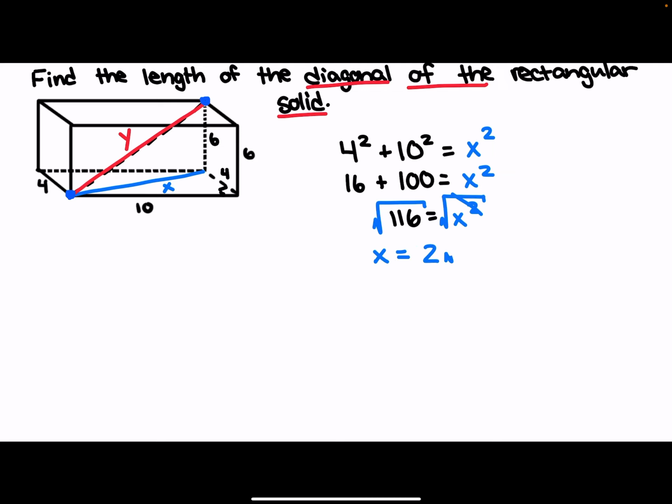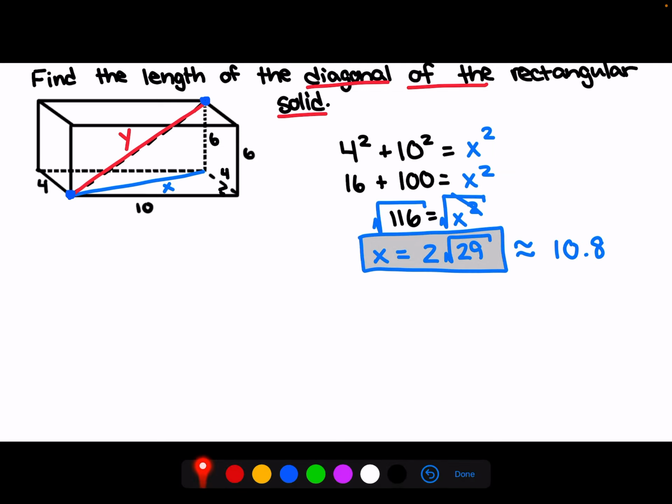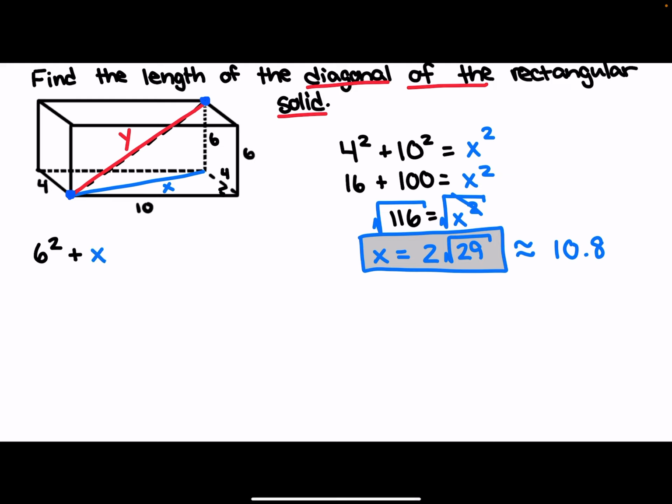Therefore, x is equal to 2 radical 29, which is about 10.8. Now that I have x, I can use Pythagorean's theorem on this other right triangle, the one for the entire solid. That'll give me x squared, or 2 radical 29 squared, plus 6 squared equals y squared.